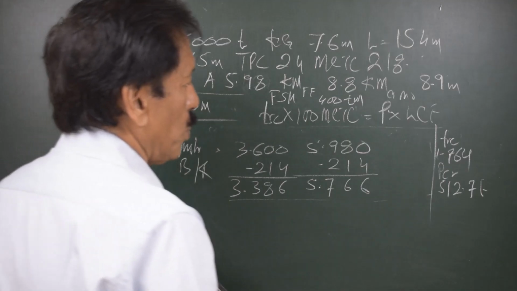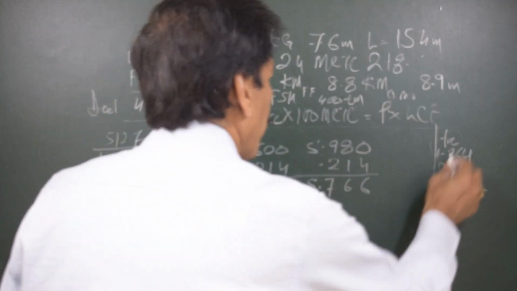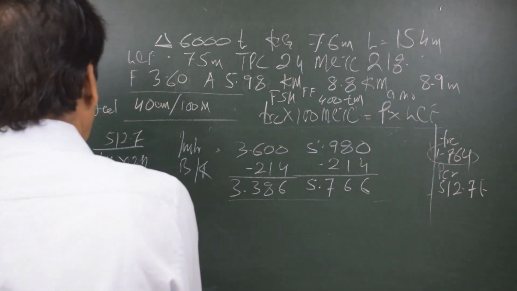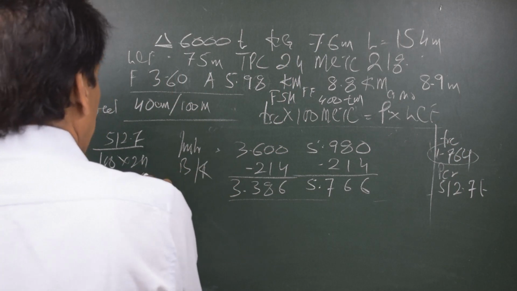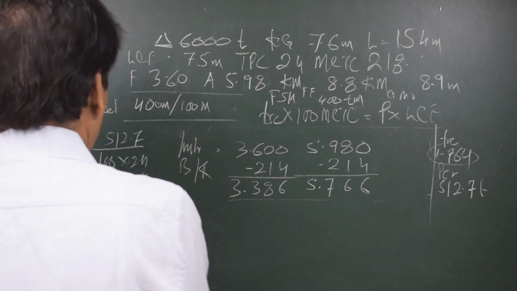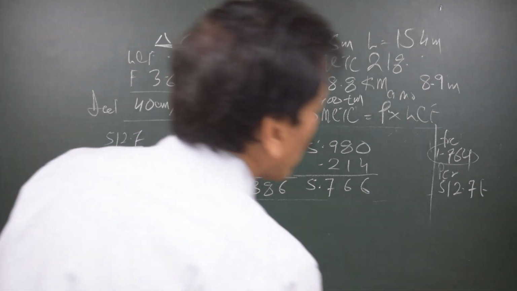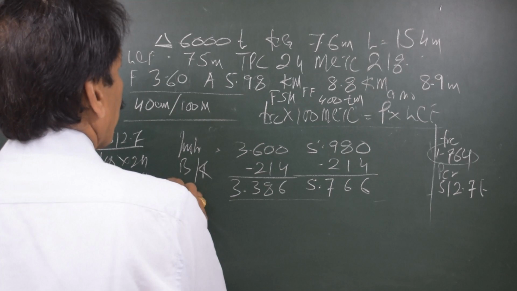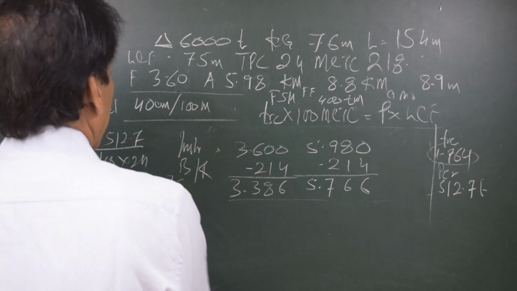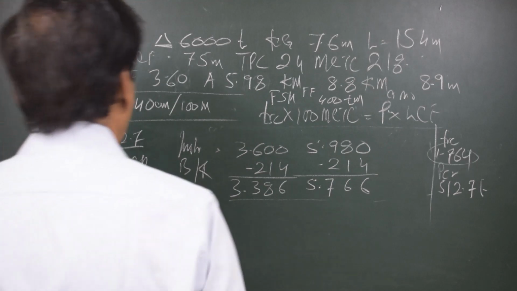Now trim change is 1.764. So the change of aft draft because of trim change is 1.764 into LCF, that is 75, divided by 154, that is LBP.